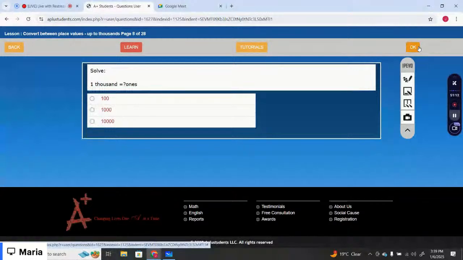1,000 equal how many ones? Option number two is the correct option.